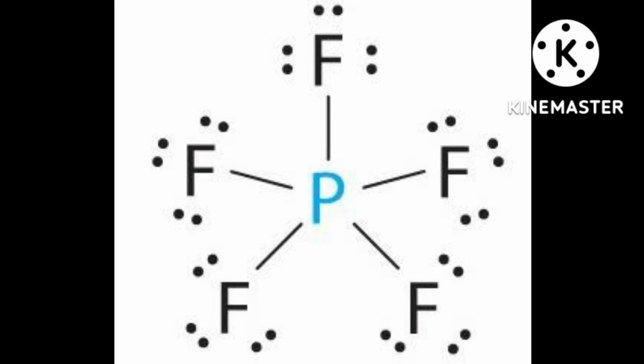This is happening due to the 3d orbitals also taking part in bond formation, meaning available for bonding. So in a number of compounds of these elements, there are more than 8 valence electrons around the central atom.